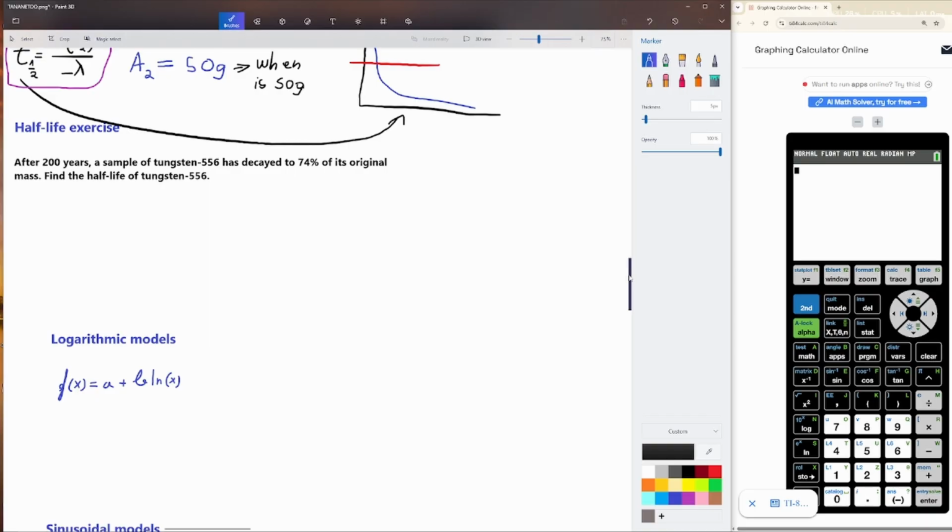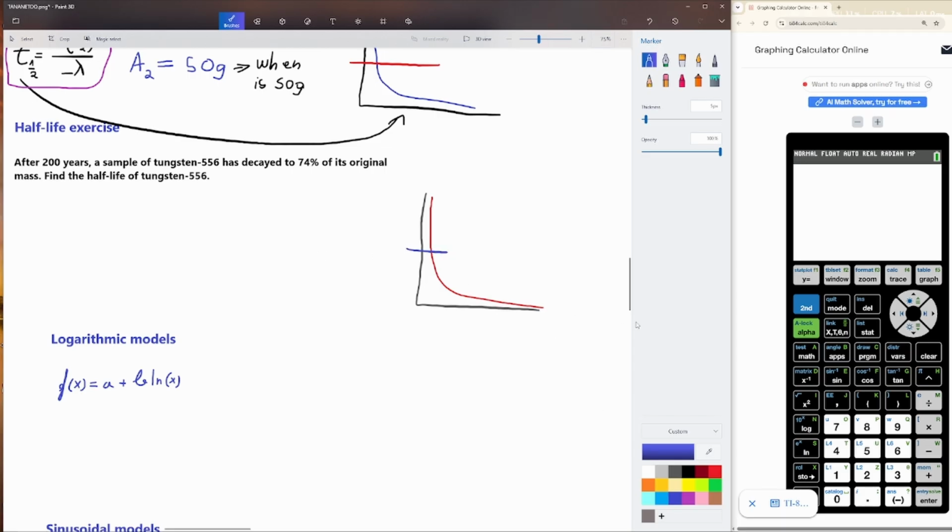This is quite a difficult exercise, so I hope you can follow. You're given that after 200 years, a sample of tungsten 556 has decayed to 74% of its original mass. Find the half-life of tungsten 556. If you have your function and your tungsten, you know it's falling at an exponential rate, and then you want to know when the tungsten value is exactly in the middle.